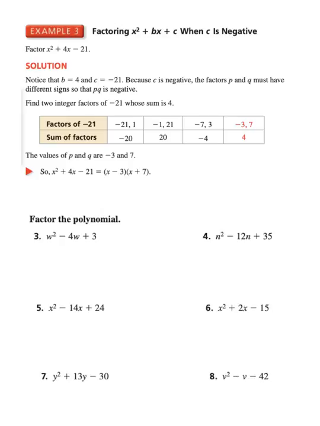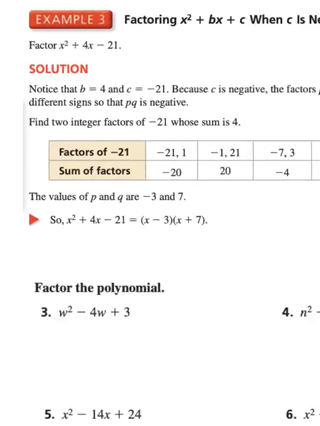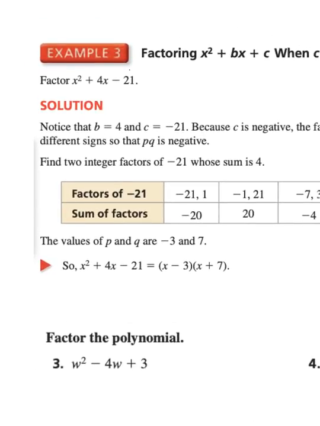It's still relatively simple, but you'll notice that in this case, the C value is -21. A negative final value, a negative C value, means that one number has to be positive and the other value has to be negative. And so they still need to add up, though, to +4. So what are the different ways that we can multiply to get -21?